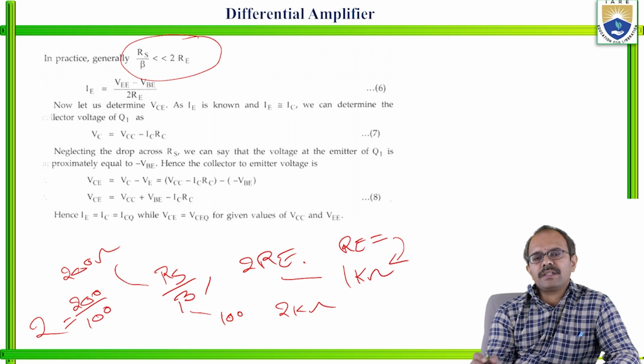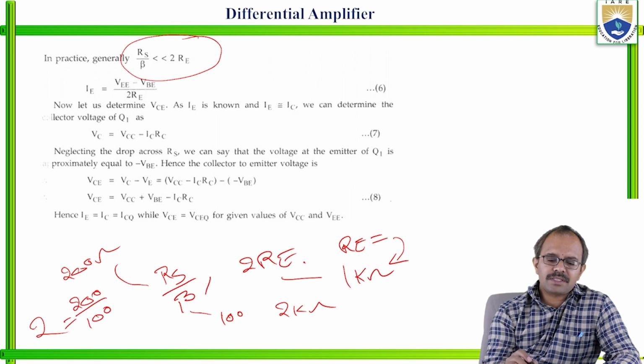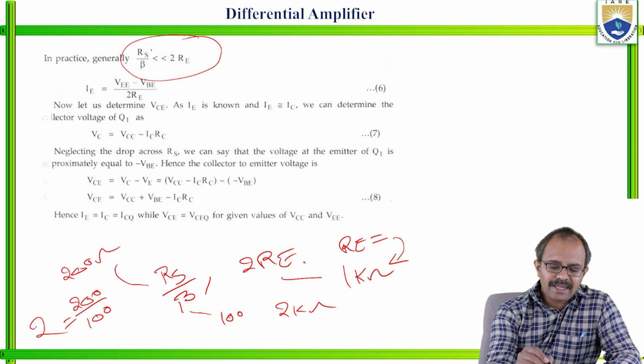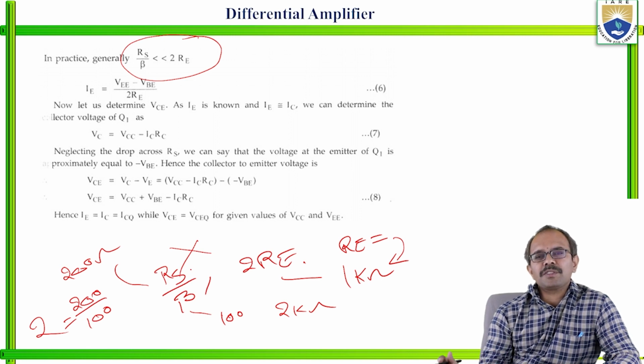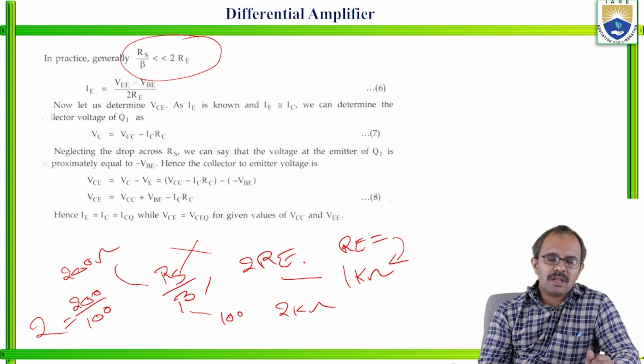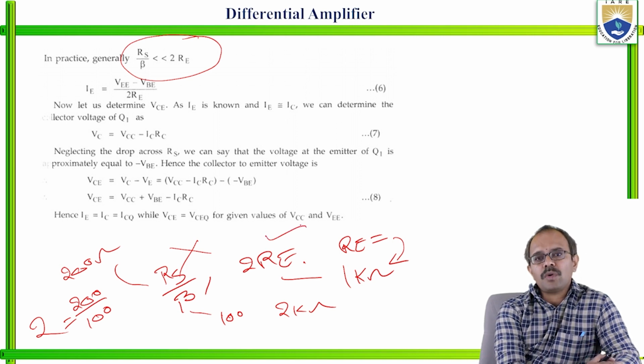Since in the denominator we have two terms, one is RS by beta and the other is 2RE, we can easily neglect RS by beta because its value is very small when compared to the other term. The denominator is left with 2RE only.